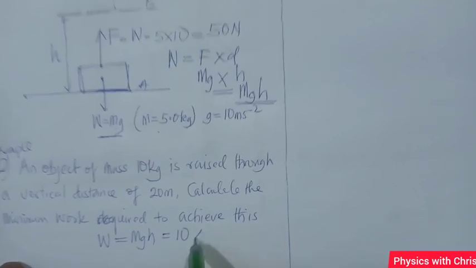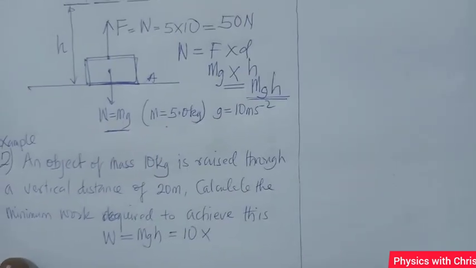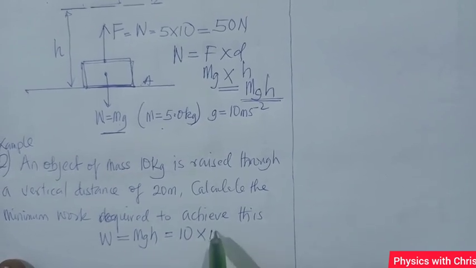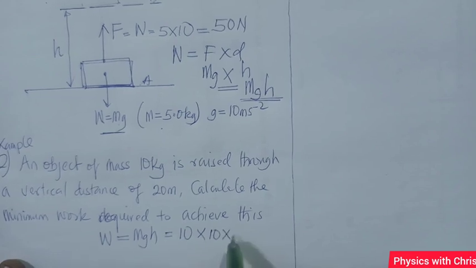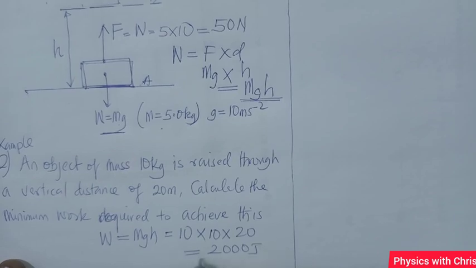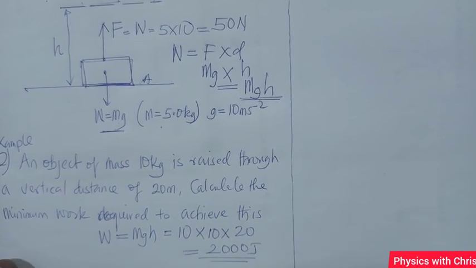I'm going to take 10 as the value of g to simplify my calculation. That is 10 times 10 times 20. That will give me 2000 joule. That's the work done in taking this body of mass 10 kg through a vertical distance of 20 meters.